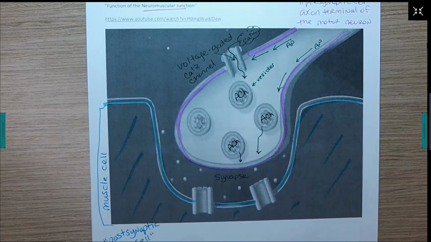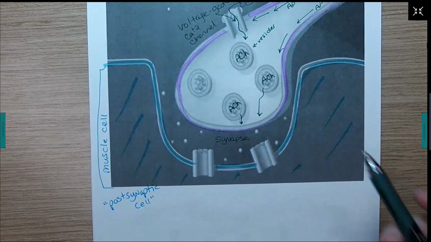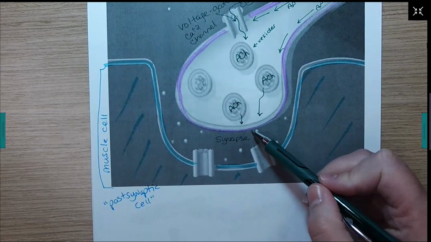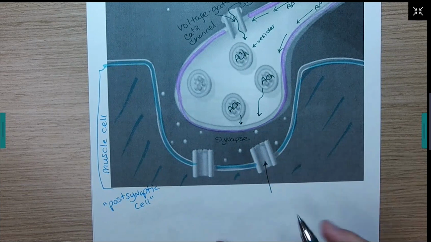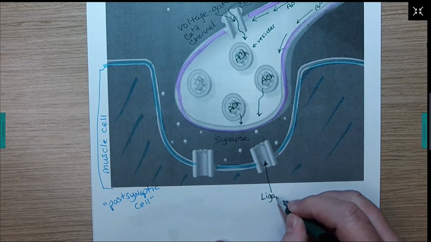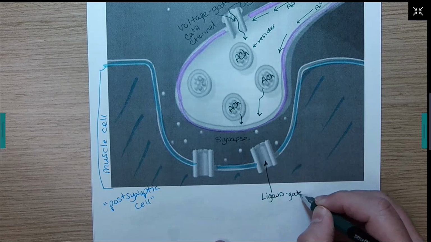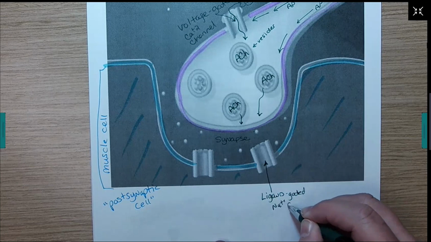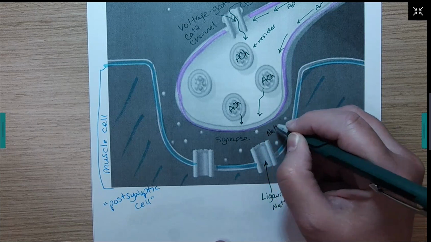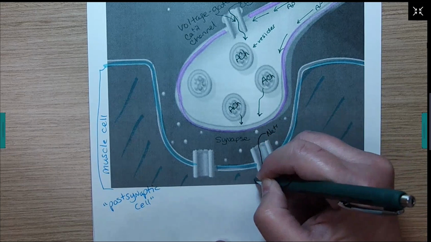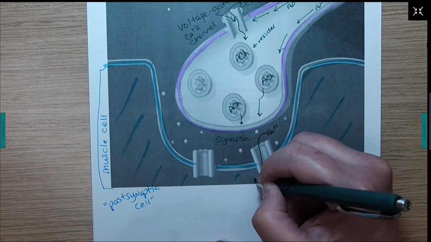Again, should sound really familiar. The acetylcholine is going to cross the synapse and it's going to bind to this protein right here, which is the ligand gated sodium ion channel. And it's going to allow sodium ions into the muscle cell.